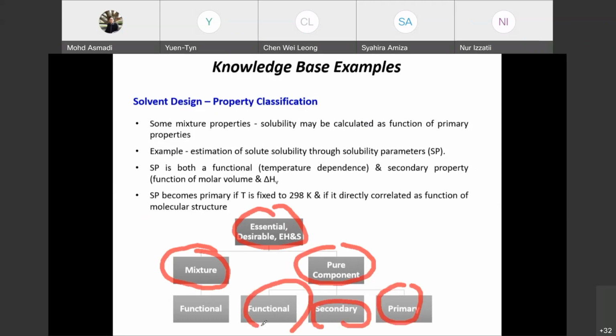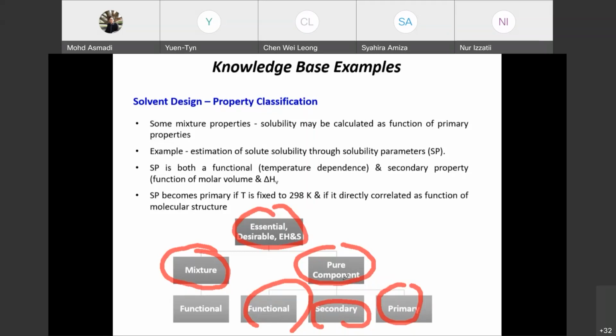Generally primary we can determine from the molecule structure variables, because it's primary. And secondary is dependent on the properties, for example viscosity, solubility parameter, vapor pressure. And functionals depend on the pure components, like temperature, pressure, density. That's the functionals.